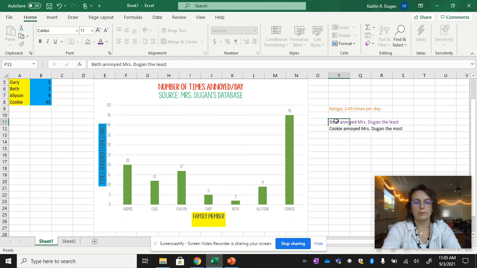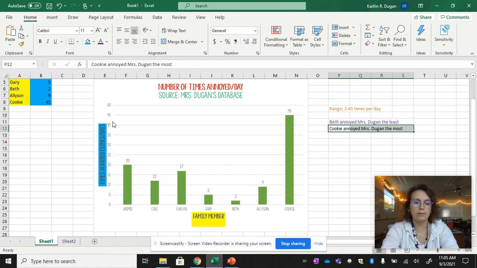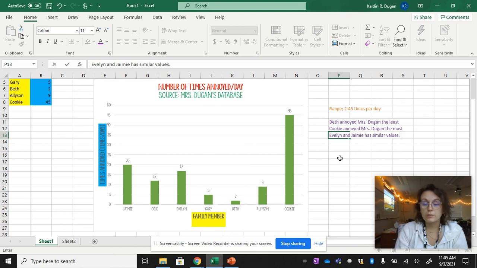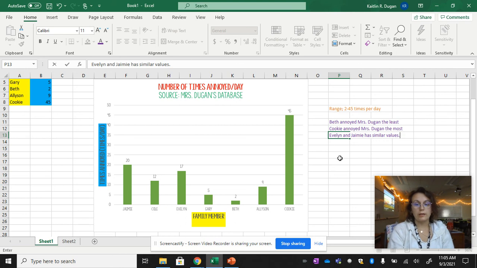What else can we compare? We can compare Evelyn to Jamie. So Evelyn and Jamie annoyed me almost the same. Those are our observations that we can see in our data. When we're looking at our data, we're really trying to see what is the highest, what is the lowest, and what's that middle ground?